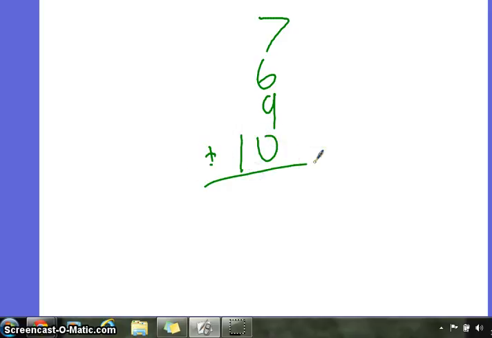How many people averaged on each team? I got 4 of them, so I'm going to add them all up. 7 and 6 is 13, plus 9 is 22, plus 10 is 32. I'm going to divide by 4 because I have 4 teams, and I get, on average, 8 players on each team.